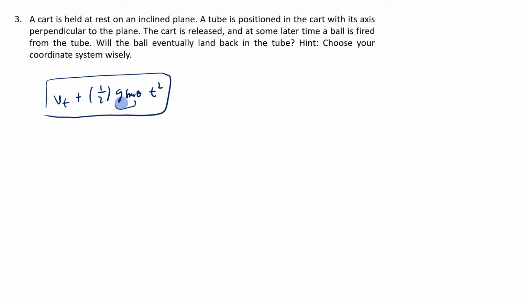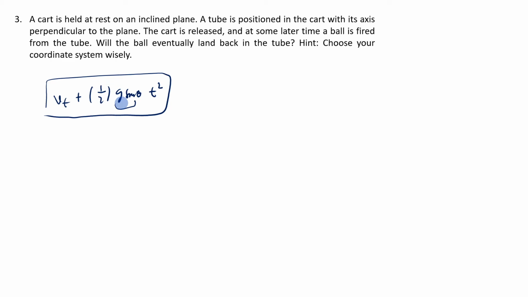And second, the ball and cart have the same initial position and always the same v, due to the first statement, so they always have the same position. Okay, this is the solution of the third problem.